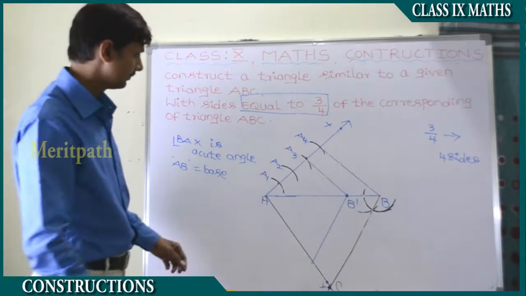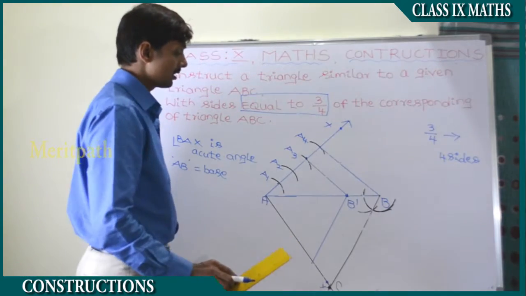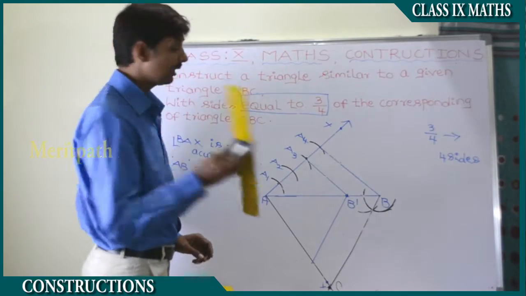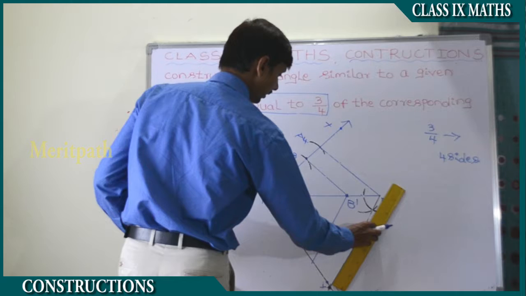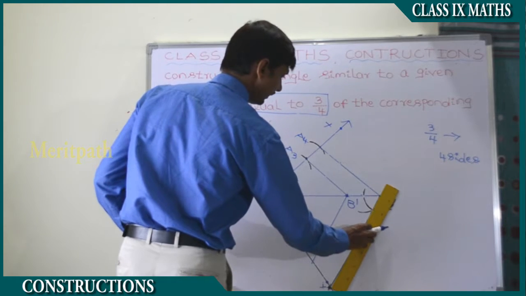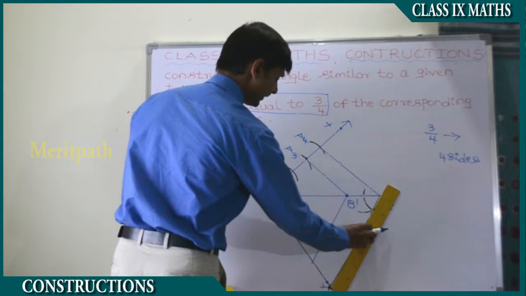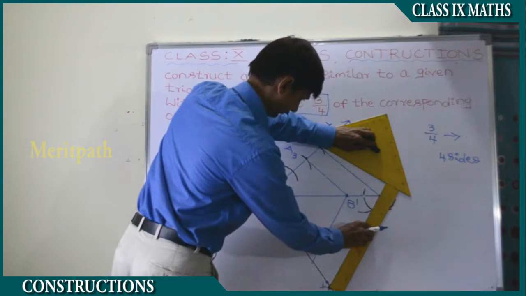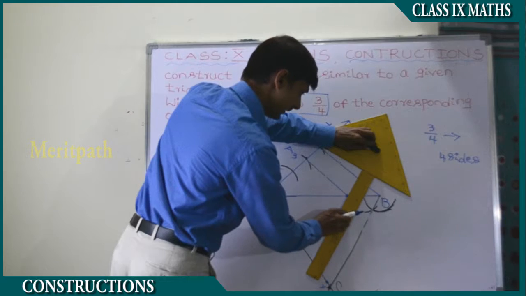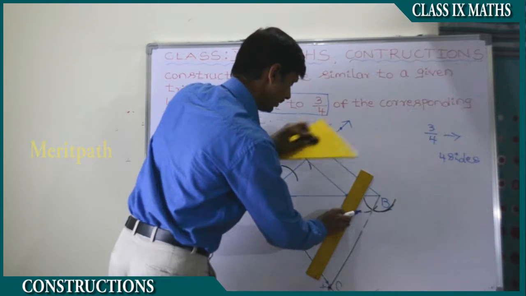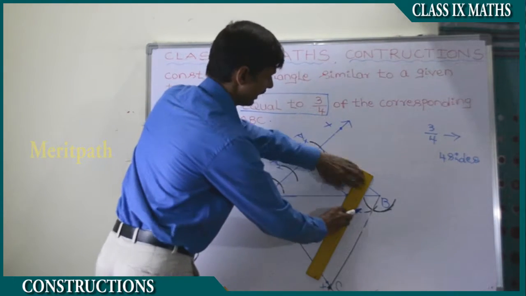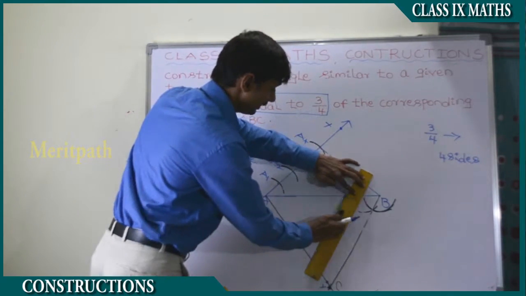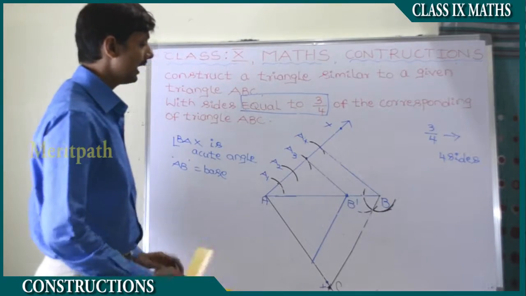Let's recall again. We placed the ruler on side BC, and using the set square we drew a parallel line, moving it towards B dash. We got a line parallel to BC, and joined it towards BY.